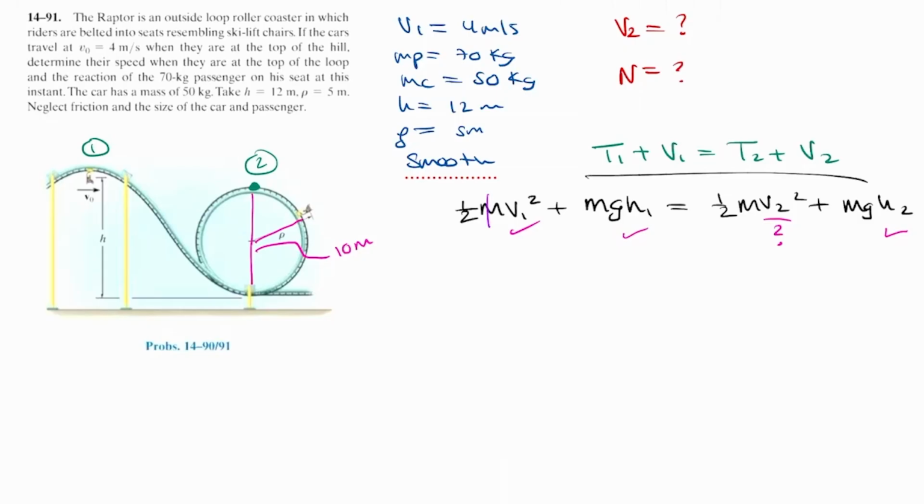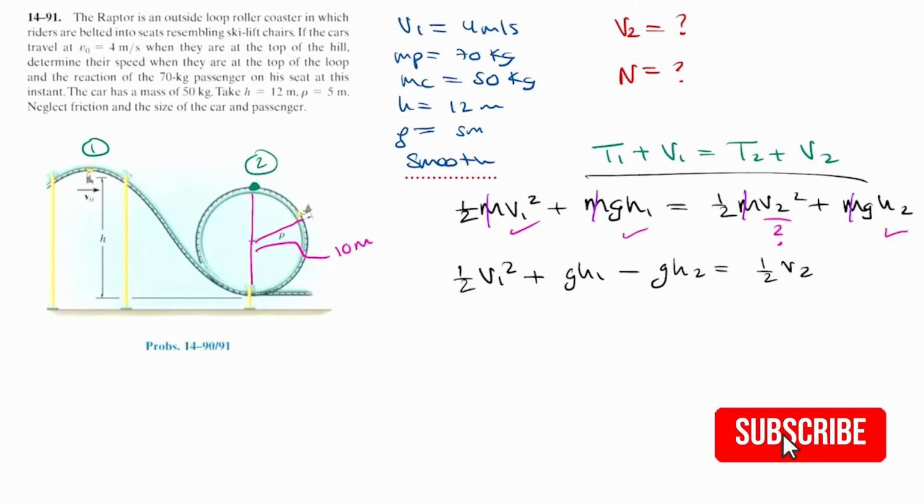Notice we can also cancel all the masses, because the masses are the same if we consider the whole system altogether, both passenger and car. So doing that, and if we rearrange, we get 1/2 V1 squared plus gravity times height 1 minus gravity times height 2 equals 1/2 V2 squared.